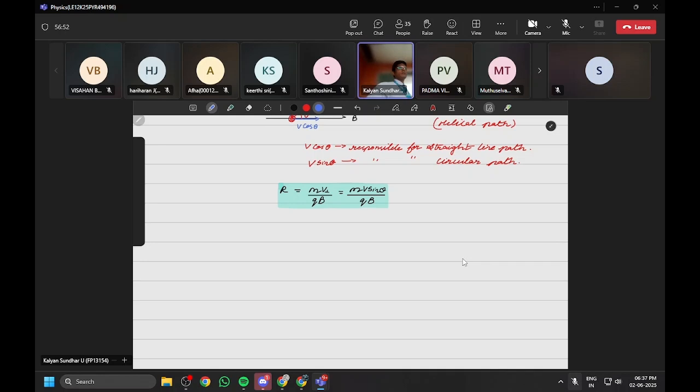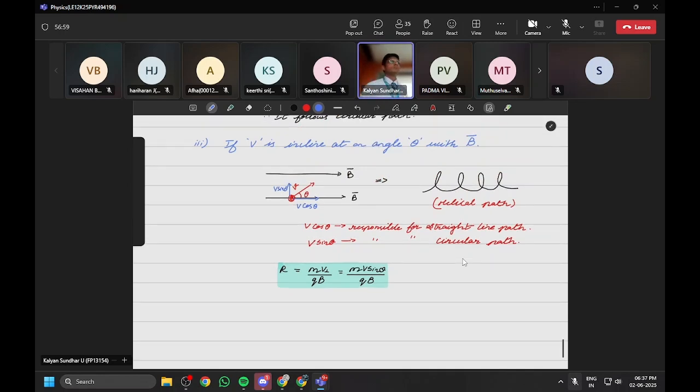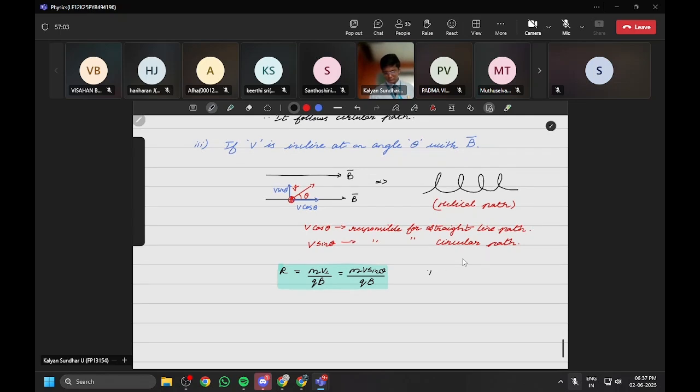Now try to find out the time period. What will the time period be? qB by m sin theta. Sure. Is the time period depending upon your velocity vector?